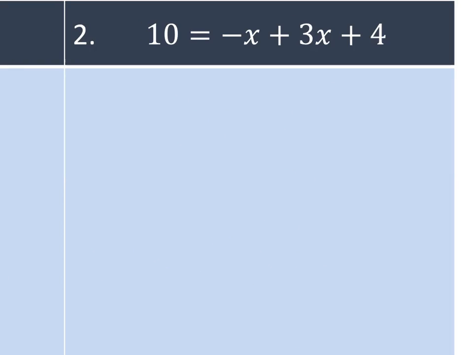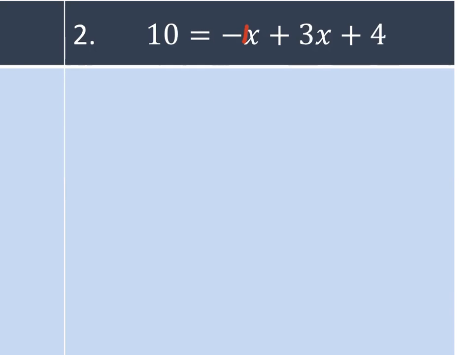So here's number 2: 10 equals negative x plus 3x plus 4. And we see that this looks a little different than what we saw in the last lesson, particularly the x's. We should ask ourselves, what is the coefficient of that negative x? Hopefully we know by now that it's a negative 1 right there.